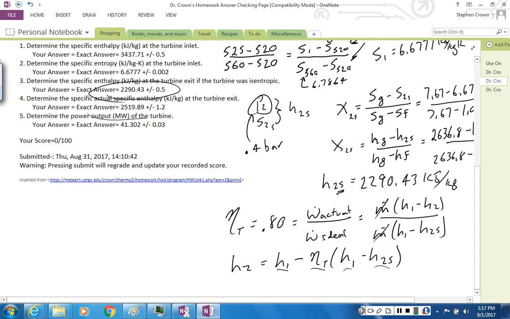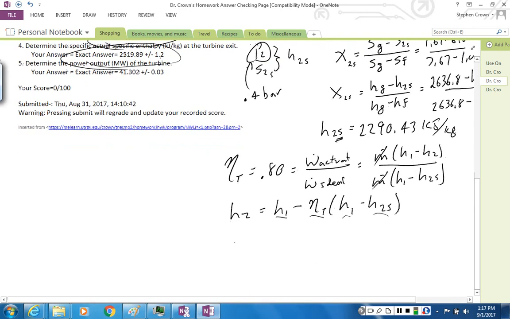When I do that, I'll get 2519.89, and then finally the power output of the turbine is, this is the actual, m dot times h1 minus h2, where I'm not using h2s, I'm using the actual h2. And when you do that, you should get 41.3.